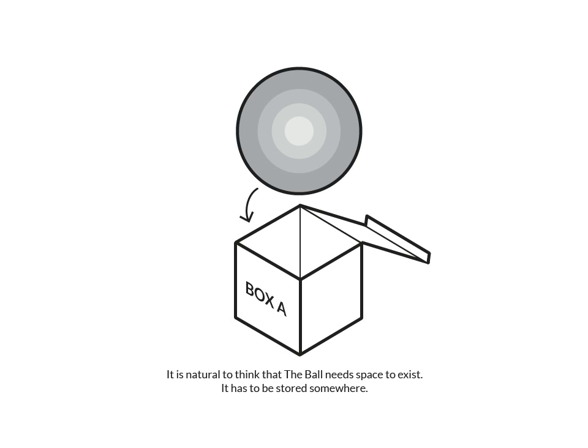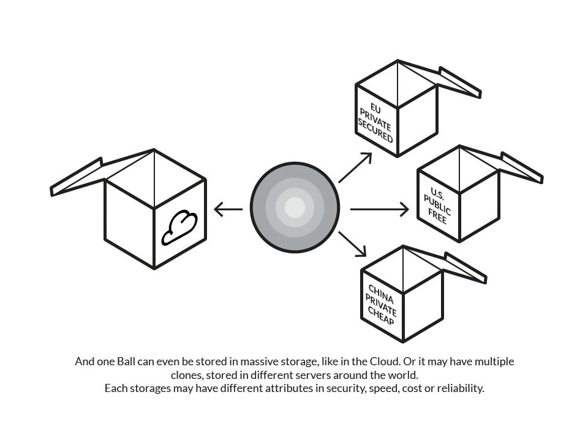So where is the information stored? It is natural to think that the ball needs space to exist. It has to be stored somewhere. One ball can even be stored in a massive storage, like in the cloud, or it may have multiple clones, multiple storages of the one ball.